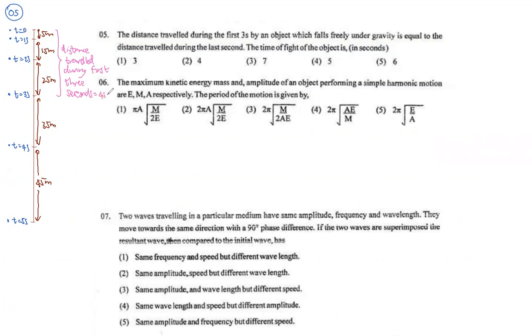And that is equal to the distance traveled during the last second. So the fifth second should be the last second. Understood? Hope you all can agree with me on that.